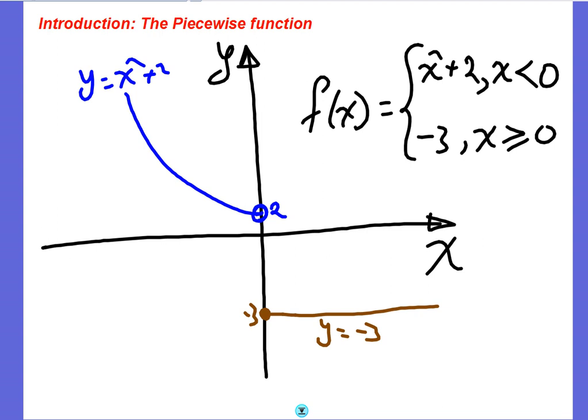Remember, when we have greater than or equal to, it means the function does exist at the point 0, and when it does exist, you have a solid circle. When it's strictly less than, or strictly greater than, you have an open circle at that point. If a function does not exist at a point, you have an open circle as well.